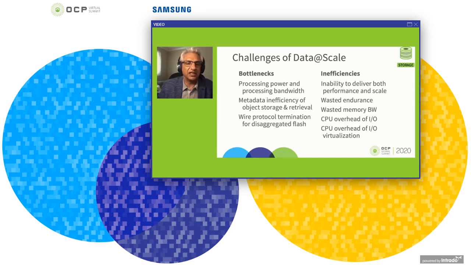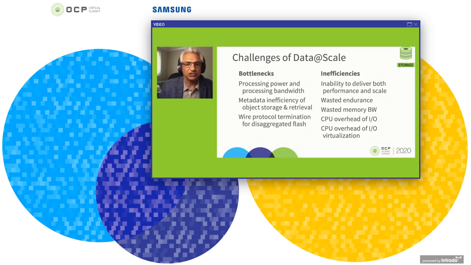But today's disaggregation for storage is extremely inefficient because it terminates unnecessary protocols in front of the SSDs instead of at the SSDs. These inefficiencies result from bottlenecks and look like an inability to deliver both performance and scale at the same time.